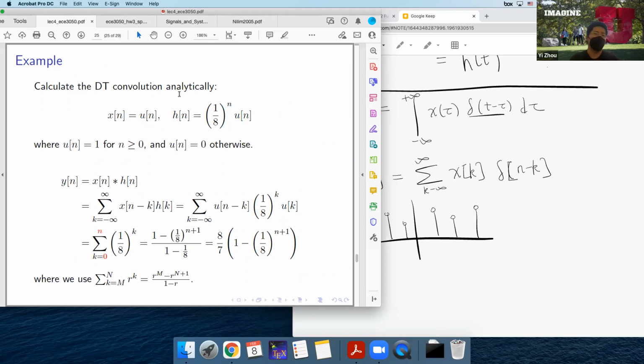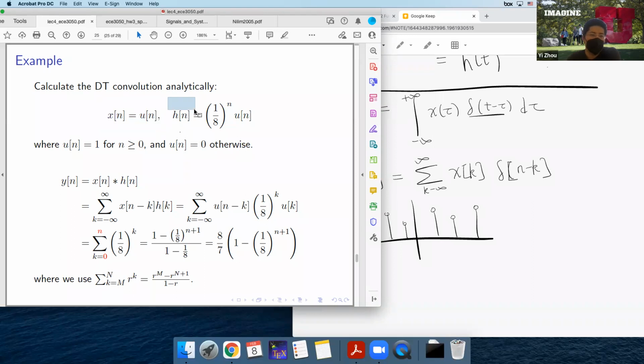And in general, for other cases, we can also work out the discrete convolution by following the original mathematical formulas. For example, here we're looking at an input signal, which is a discrete time unit step signal, u[n].